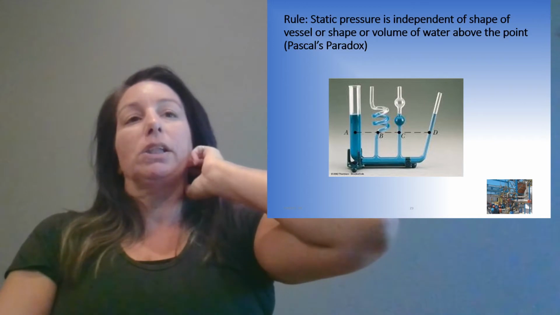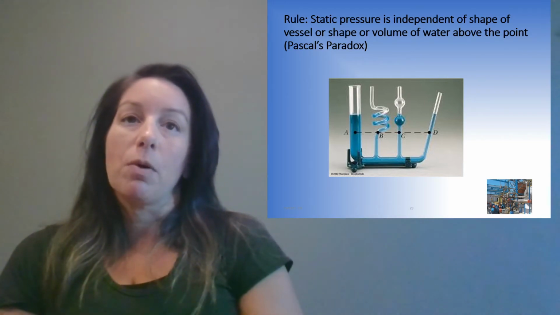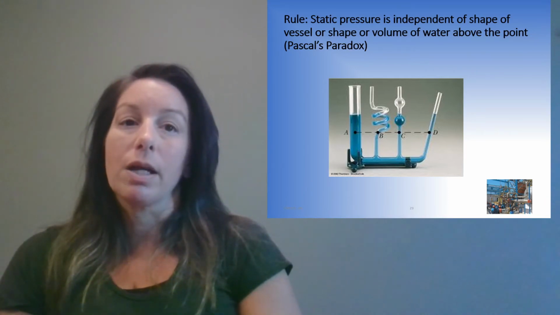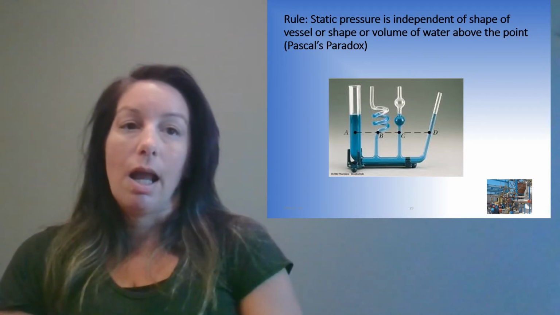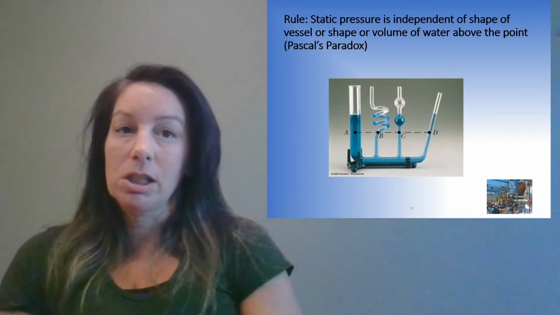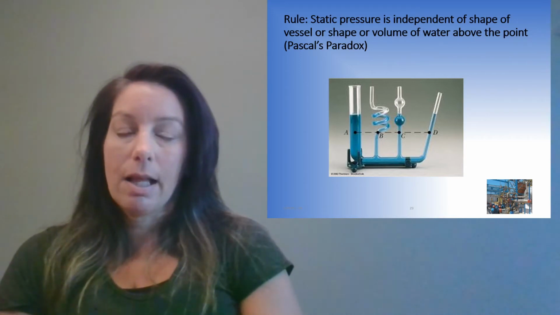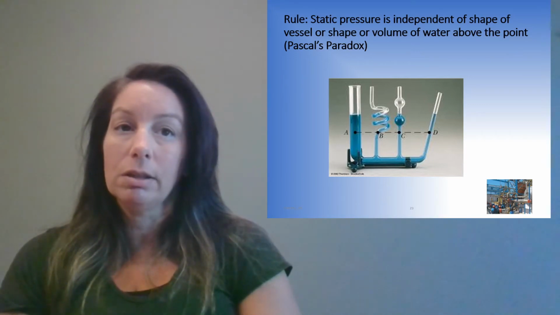So static pressure, that's another rule. Static pressure is independent of the shape or vessel or volume of water above the point. So you can see here that's dyed water in a very strange shaped vessel. You can see that all the water has gone to the same elevation.